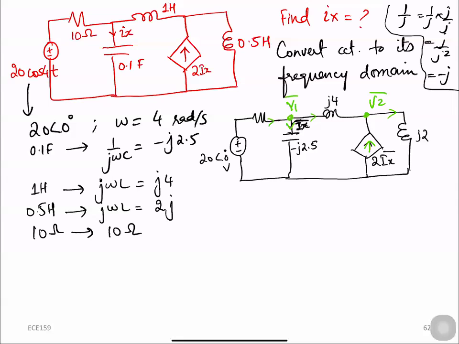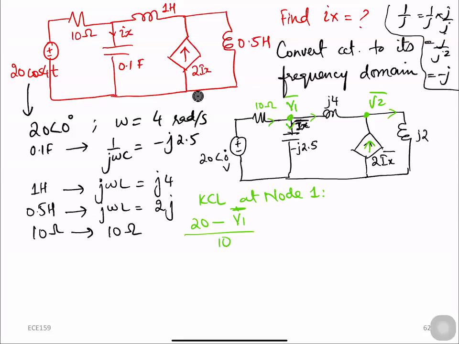We will apply Kirchhoff's current law, KCL, at node 1 and node 2. So at node 1, the KCL is going to be, so what is the value of this one? This is 10 ohms. So 20 minus V1 divided by 10.